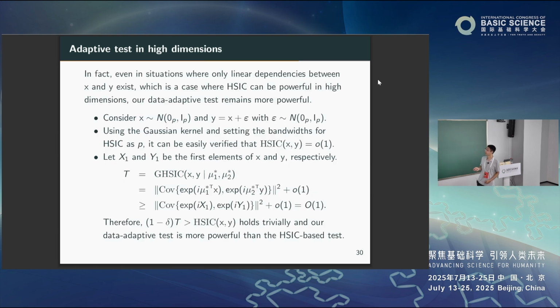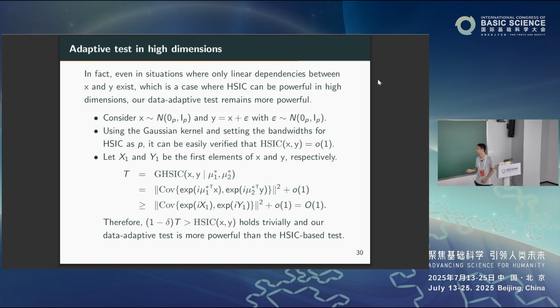Let's take a simple example to see this. We consider x to be a standard normal, and y depends on x linearly. If we use the Gaussian kernel, we can easily verify that the traditional HSIC is of small o(1), and the generalized HSIC is larger than this quantity and is clearly a bigger one.